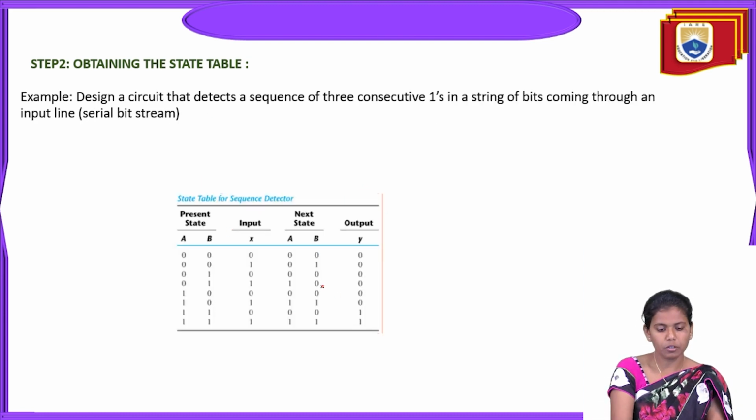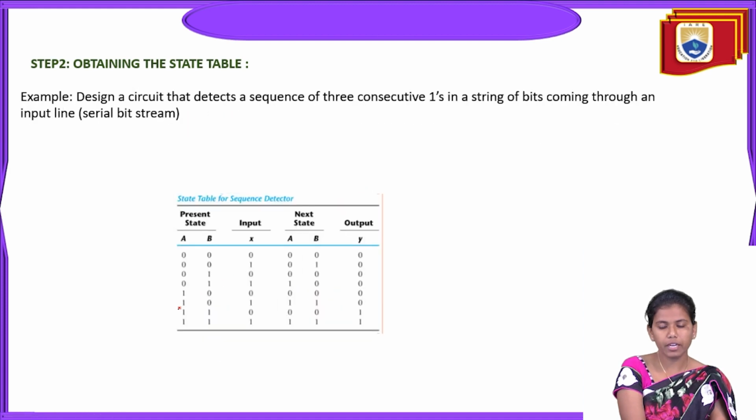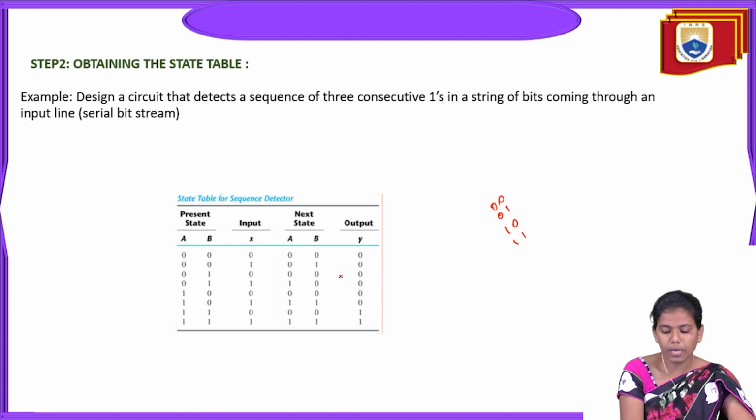So let me tell you. This is a state table, right? We are in step 2, the state table. In the state table, the present states are A and B. How many combinations do we have to consider? 00, 01, 10 and 11, right? For the present state, the input is X, and for the next state A and B, the output is Y. If you observe keenly, for present state A equal to 0, B equal to 0, and input 0, the output is also 0.